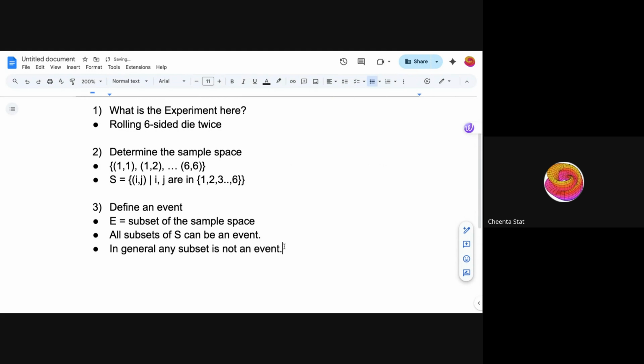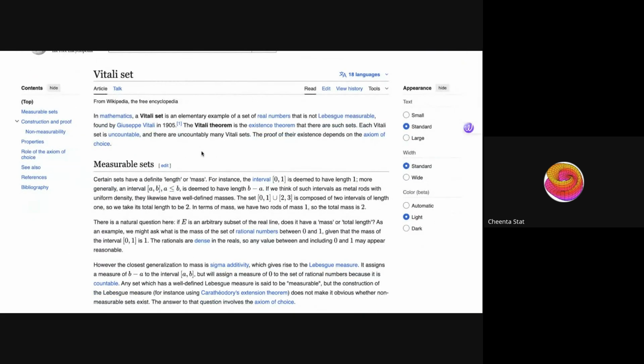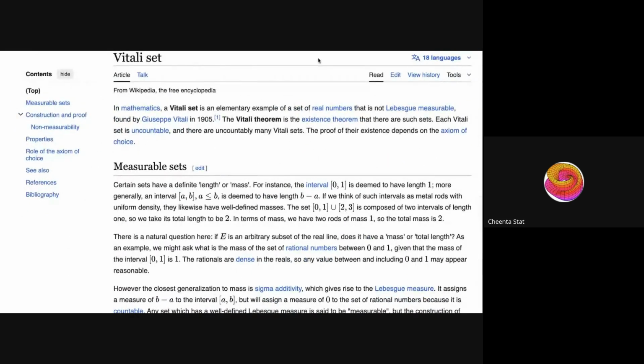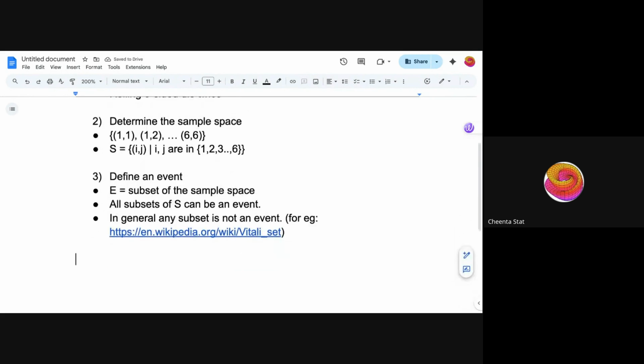Hi, Vedant. For example, there are Vitali sets, which cannot be assigned a probability. In other words, they are not Lebesgue measurable. Let's not go into that, but this is just to give an idea.